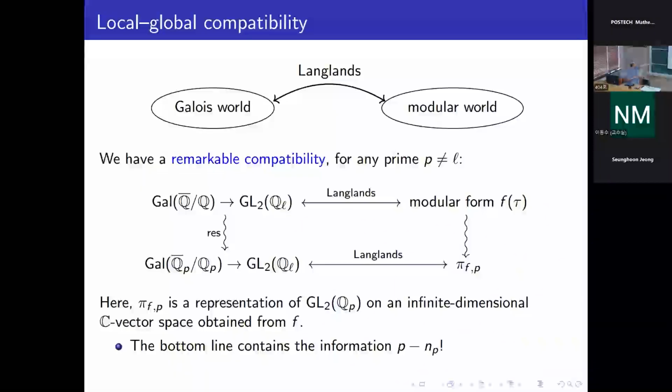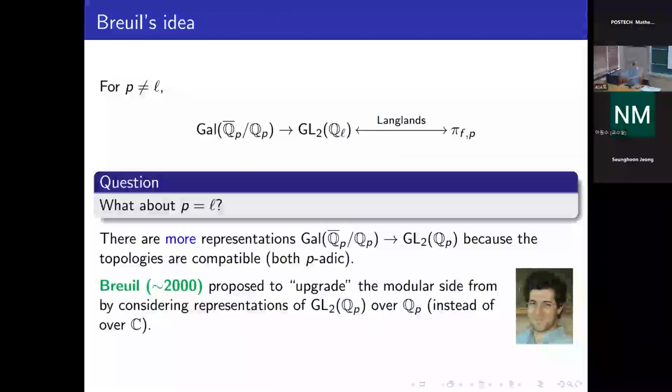No longer representations of GL2(Qp) on a complex vector space or an L-adic vector space, but on a p-adic vector space, where again, because the topologies are compatible, you do have a much richer world of representations. Just like when you study representations of a real Lie group, you have a lot of representations over real vector spaces. Small analogy.